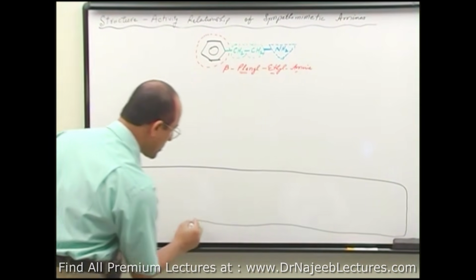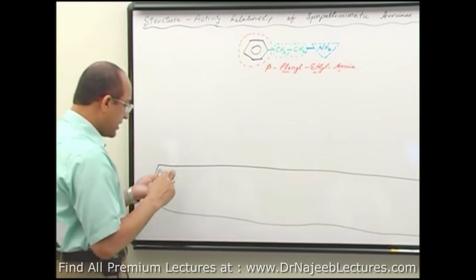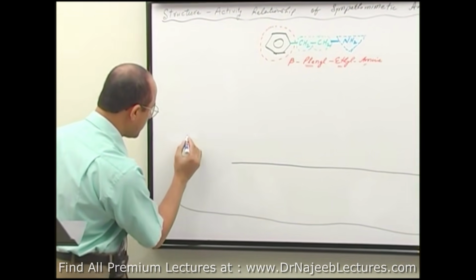Now, suppose this is a cell and here I put one adrenergic receptor.